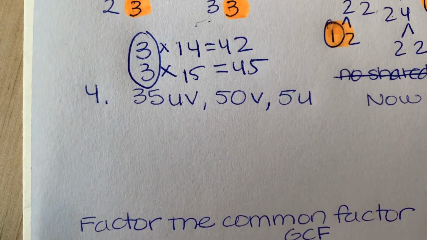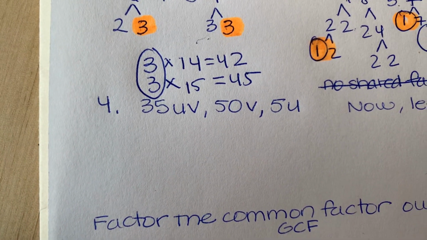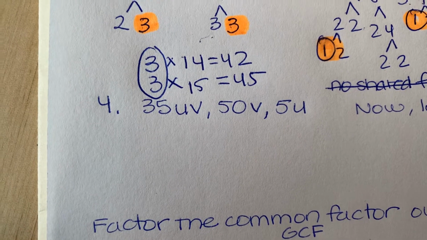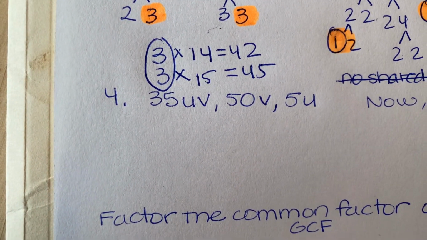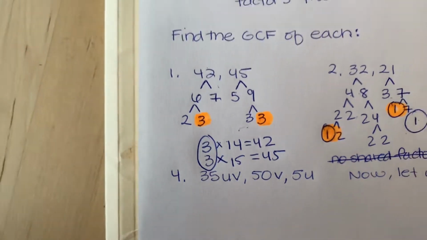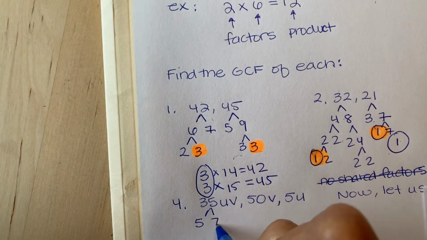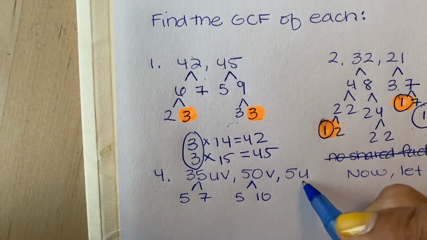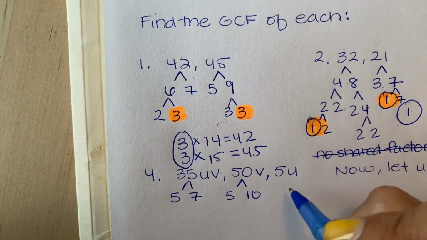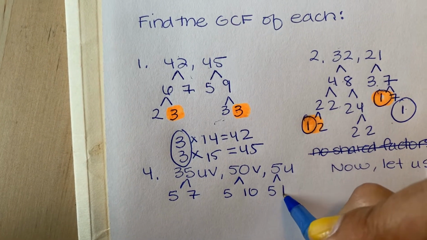Okay, so now let's do 3 terms, a trinomial. 35uv, 50v, 5u. Let's look at the coefficients first. Let's look at the 35, the 50, and the 5. If I break it down, this is 5 times 7. 50 is 5 times 10. It almost looks like a 54, but it's a 5u. This is 5 times 1.